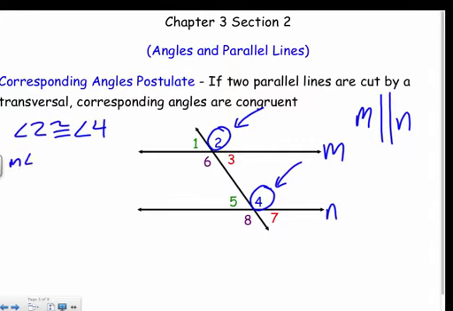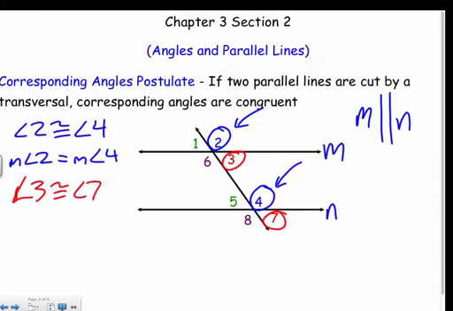Which would also mean their measures are equal to each other, right? That's what congruent means. If I think of the bottom right up here, angle 3 would be congruent to the bottom right down on the parallel with N. So angle 3 is congruent to angle 7. Then I have angle 1 congruent to angle 5, because the top lefts would be congruent. And then the bottom lefts, angle 6 would be congruent to angle 8.